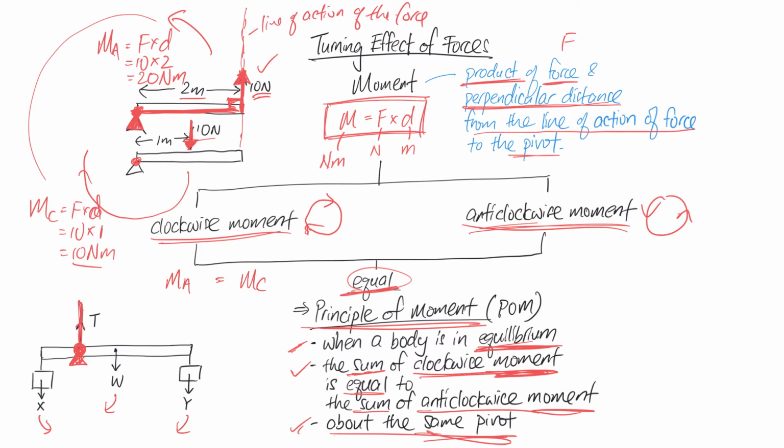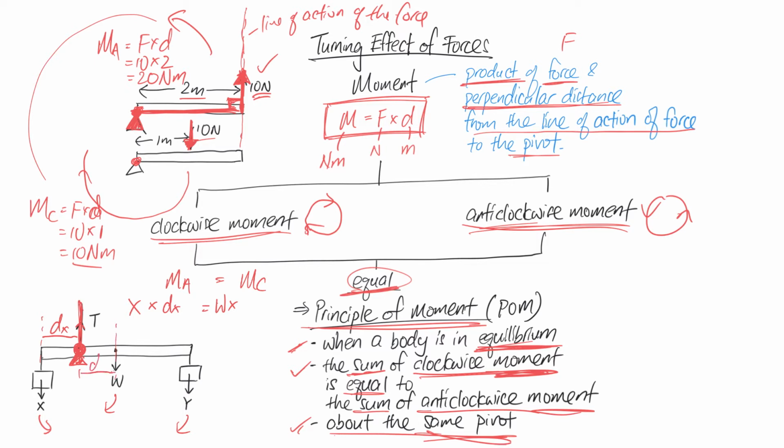So what you need to do is, anti-clockwise is X times the distance, where the distance is from the line of action of the force X all the way to the pivot, let it be dx. So you have to find this distance, and that's the only force that creates anti-clockwise moment. Let's go to W. W is clockwise, times the perpendicular distance from the line of force to the pivot.